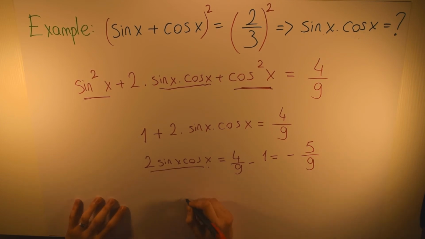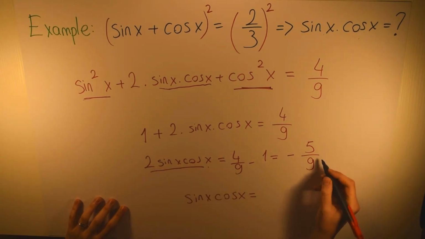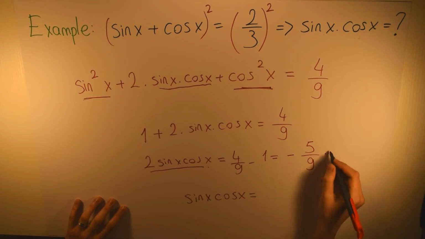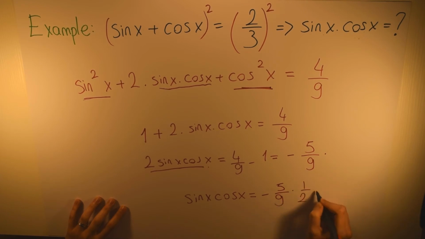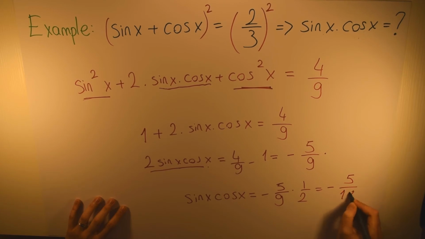So from here, sine x times cosine x is equal to, when I put this 2 here, minus 5 over 9 times 1 over 2, which is equal to minus 5 over 18.